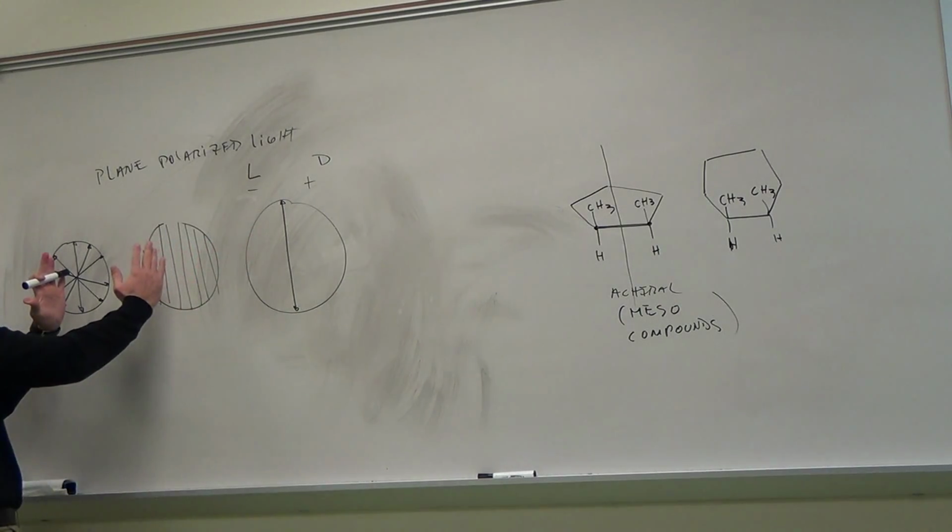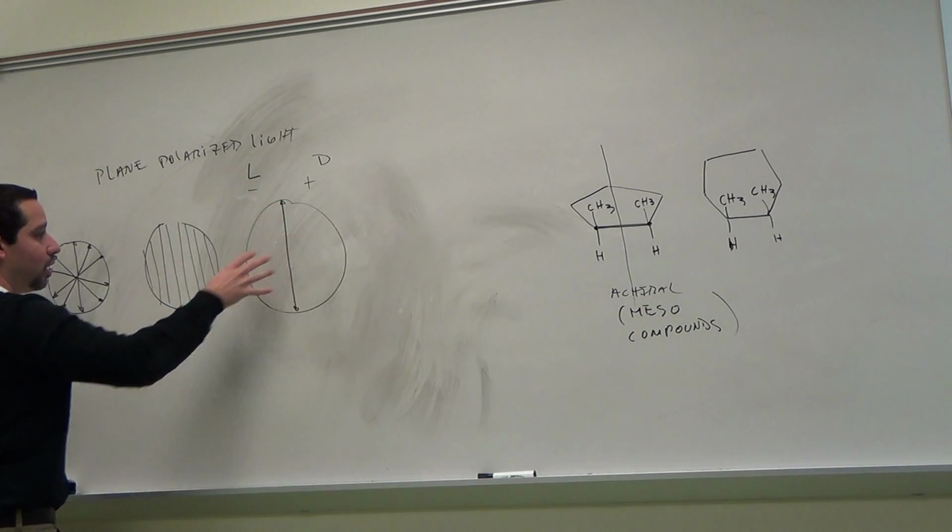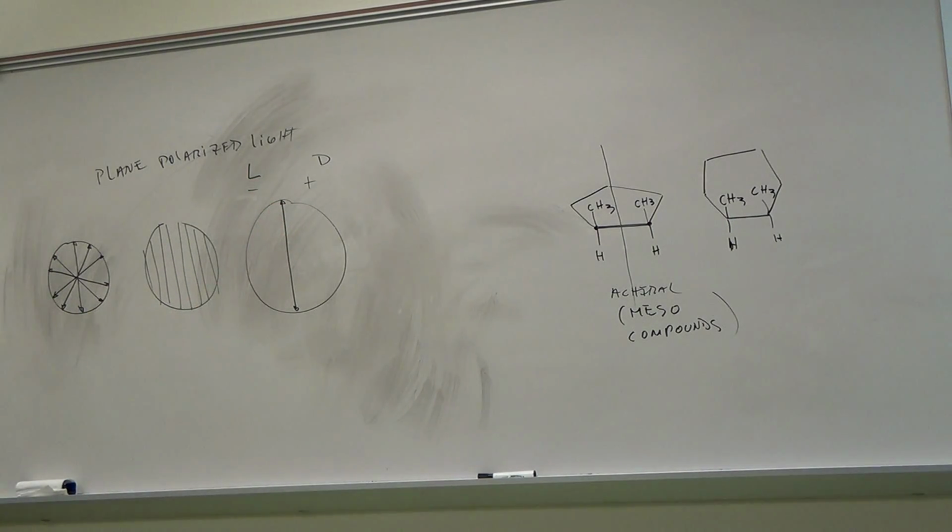So if you put inside of this instrument, which is plane polarized light, a chemical that is chiral, it is going to do what? Rotate plane polarized light, either to the right or to the left. Does this rotation have anything to do with R or S? No, it does not. I want you to write this down.